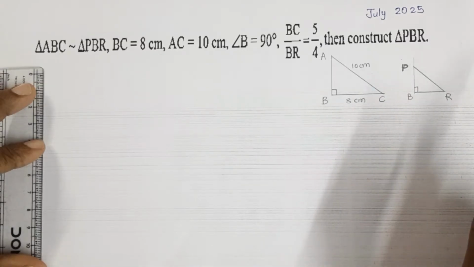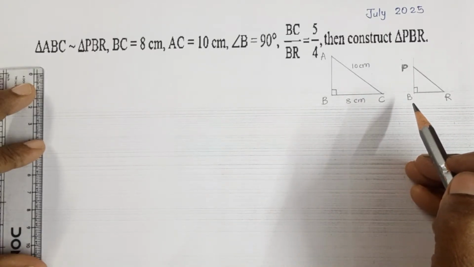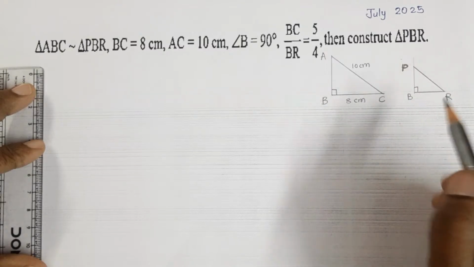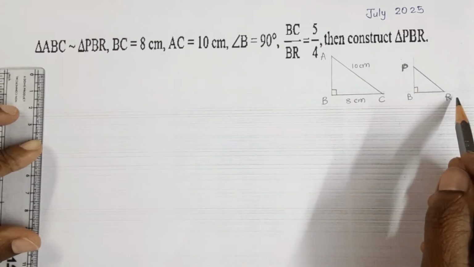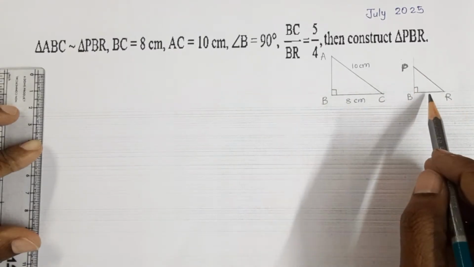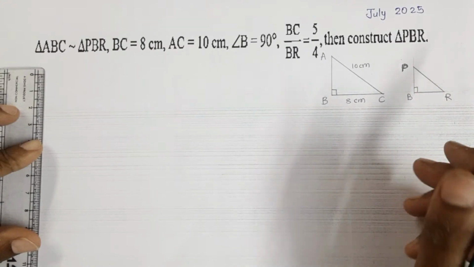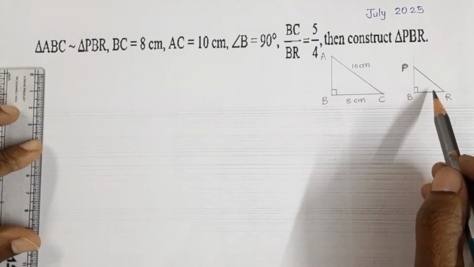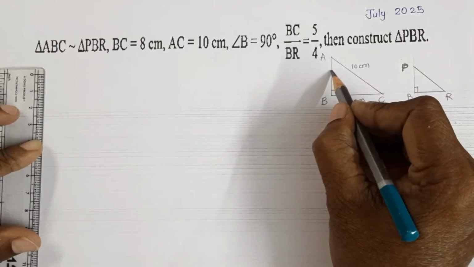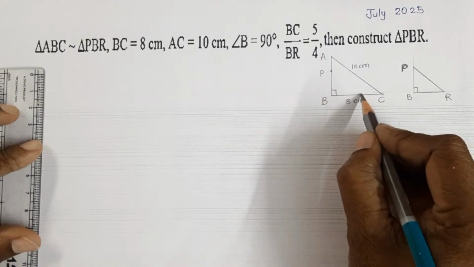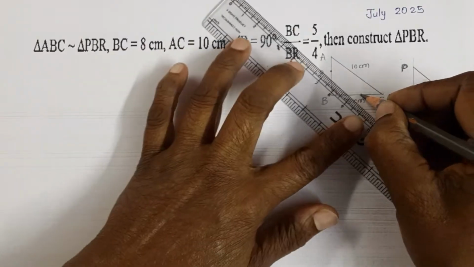Here one mistake to avoid: we have to construct PBR, but B is common in both triangles, and that means we have to draw the right angle triangle with P, B and R on the same figure.